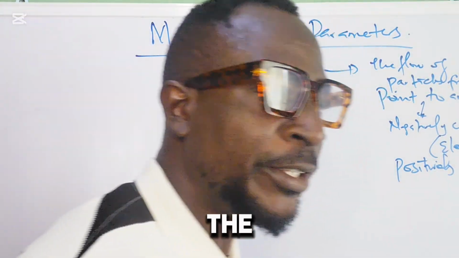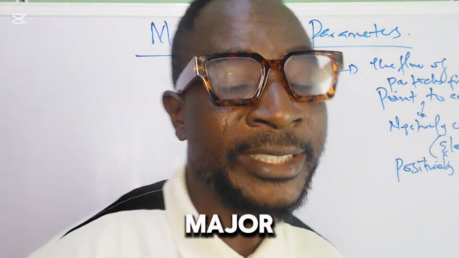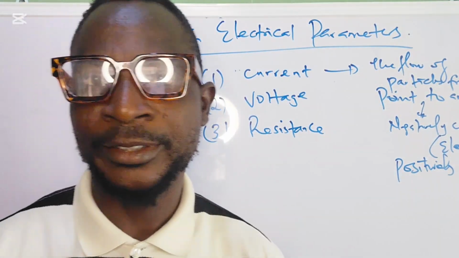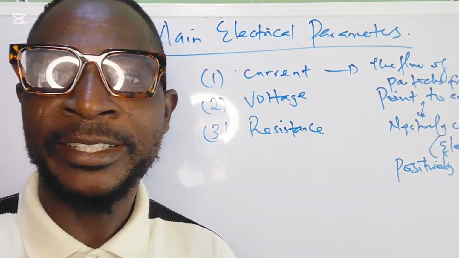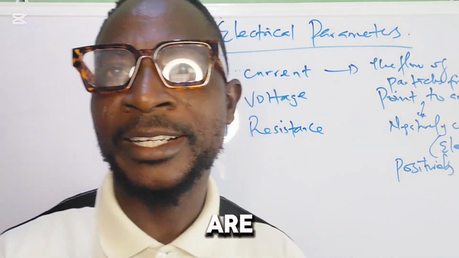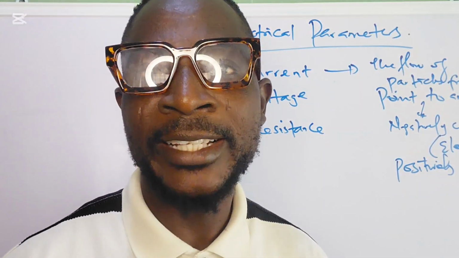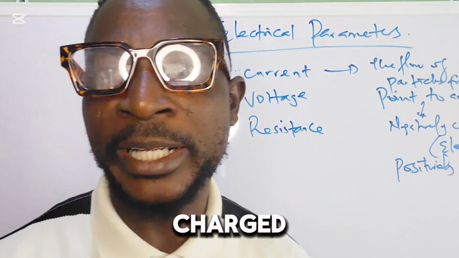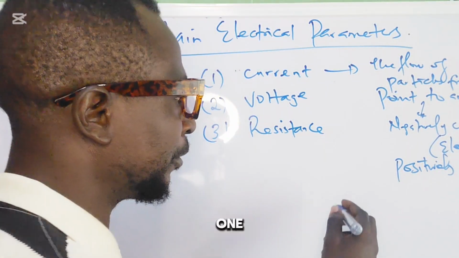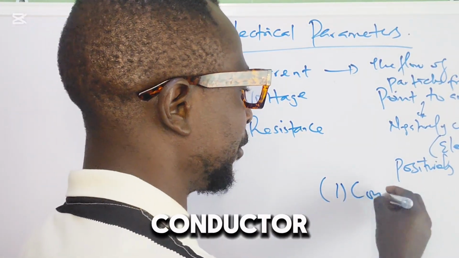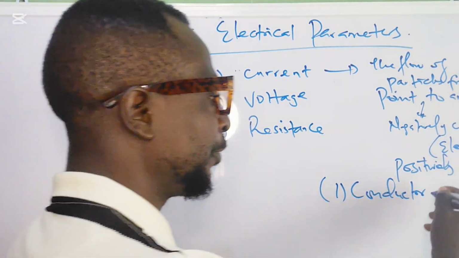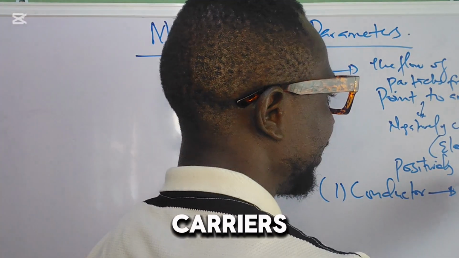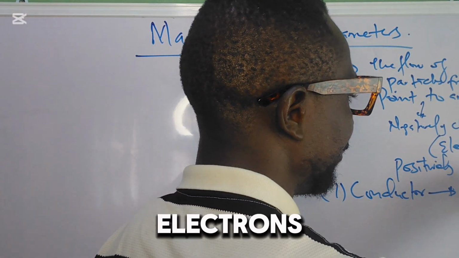So in some of the medium, the major charge carriers are electrons. Then we have some that the major carriers are negatively and positively charged particles. Like the first one, let's say the conductor. The major charge carriers here are electrons.